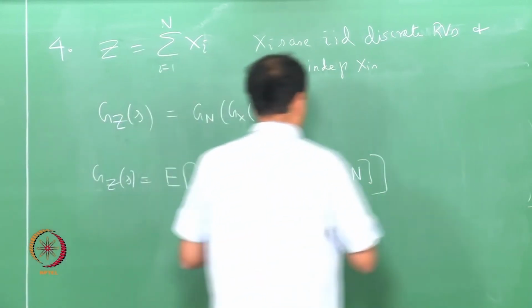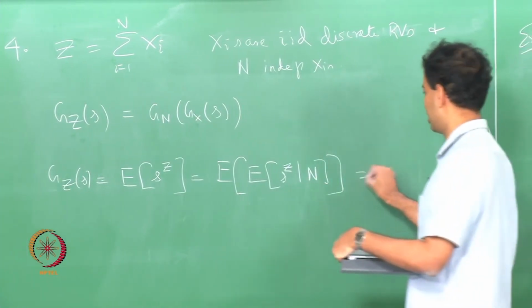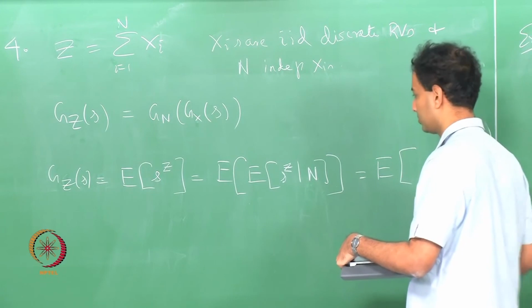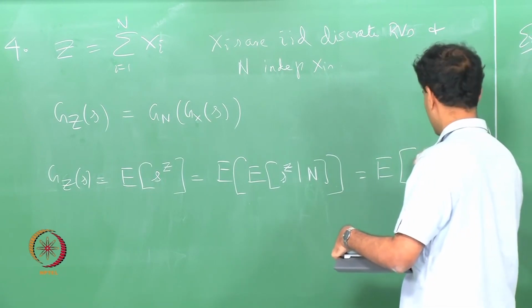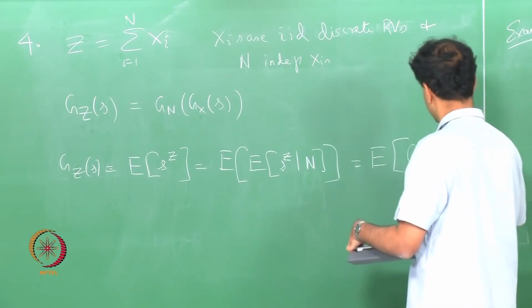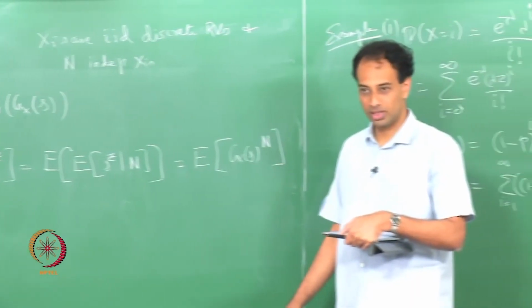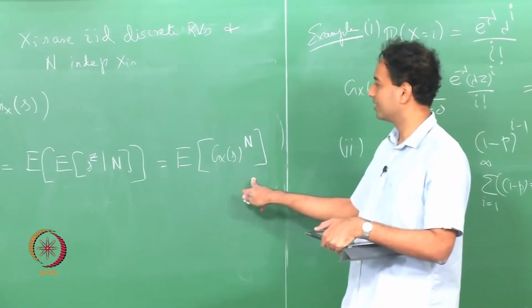But if you replace small n with capital N, this will simply become the expectation of g x of s power big N. I am skipping a step, and this looks like what you want.